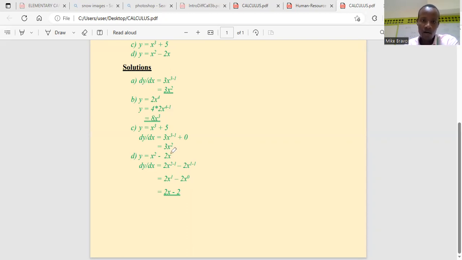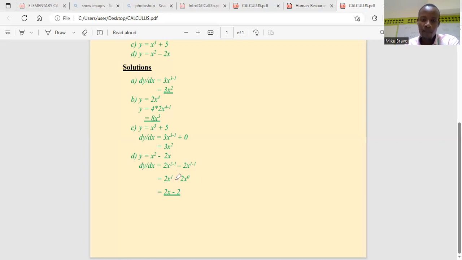When you have x without any number, without any index on top of it, the power is always 1. So when we have x, it is like x power 1. So this side, we bring 1 here. So 1 times the existing 2 is just 2. x, we go back to the index, we subtract 1. So we will have 2x power 1, because here is 2 minus 1, gives us 2x power 1.